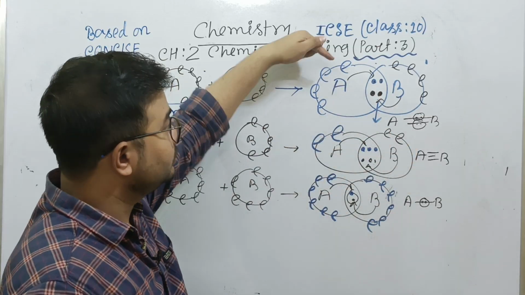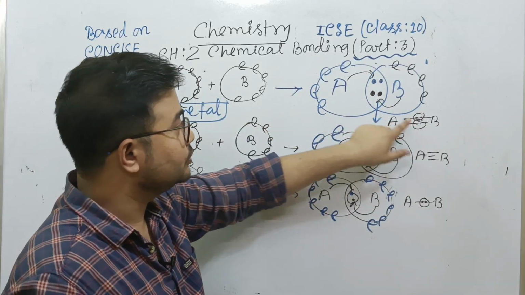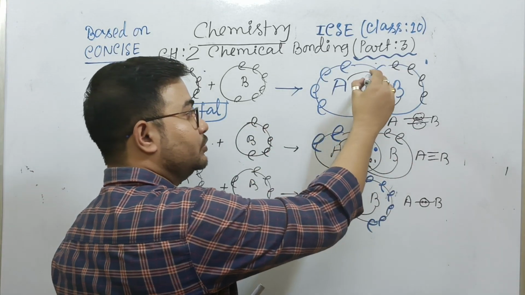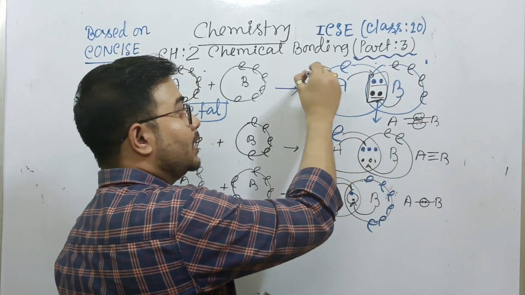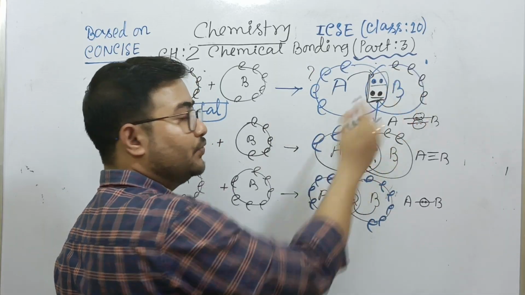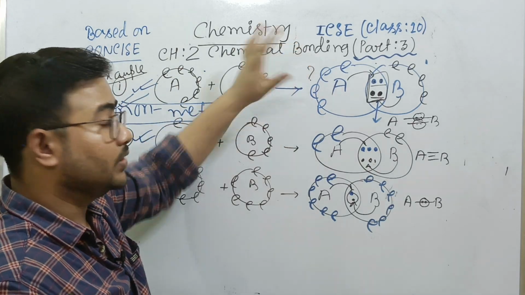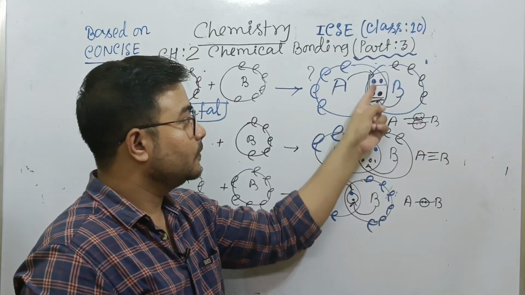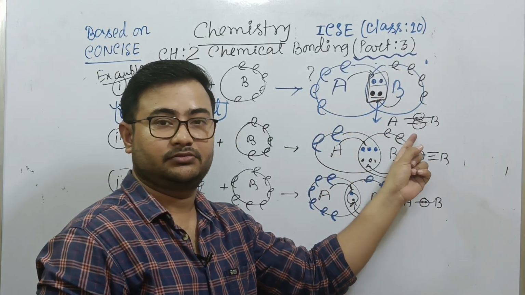Now my question is, here there are 2 pairs, that is 2 bonds. So what about the electrons present here? Each pair forms a bond. So what about these electrons, 4 and 4? Tell me first, did these 4 electrons participate in bonding or not?